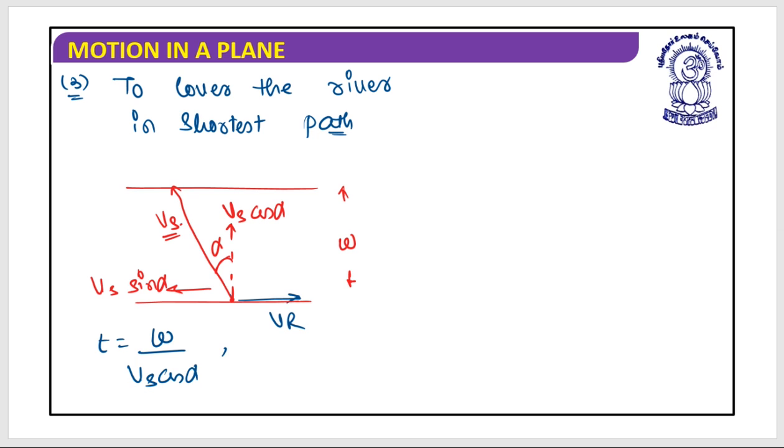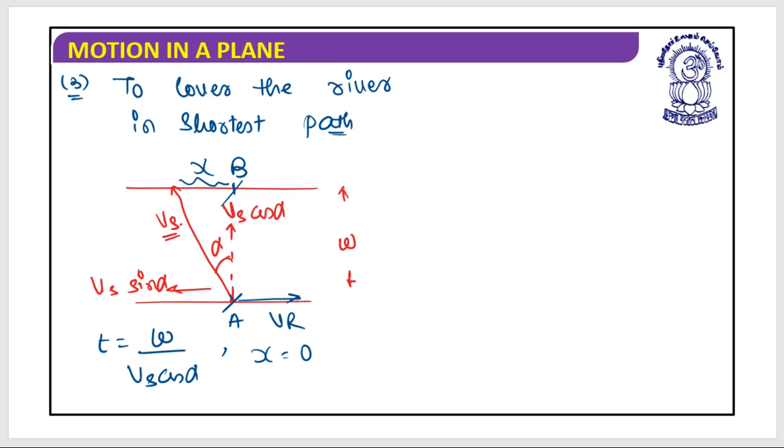In ideal situation, drift would be 0 because you are going to land on this position. This is A, this is B. Started from here, ended up by here. Is it clear?